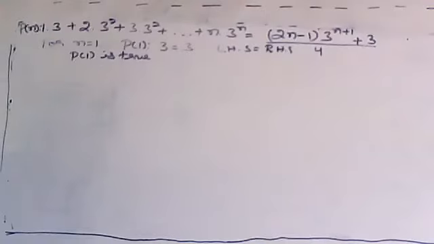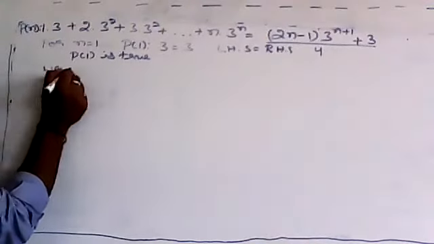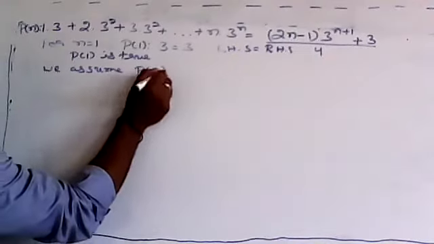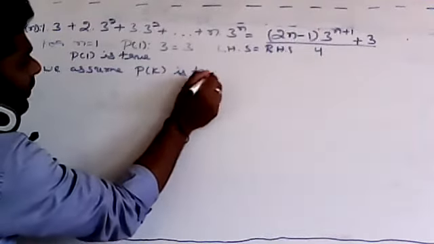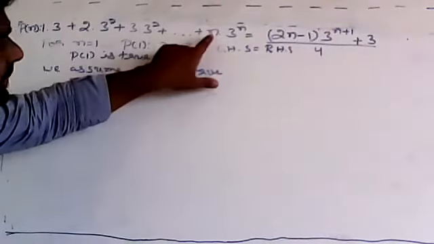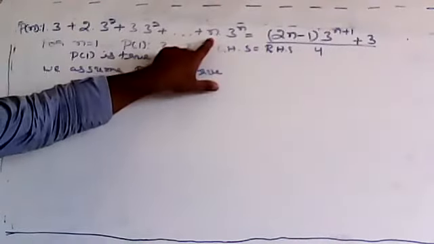Correct? Then next, we assume that P of k is true. Then what you have to do is just replace n by k.